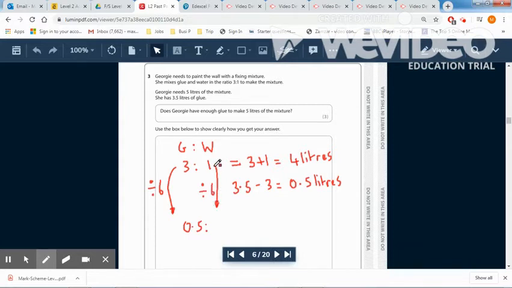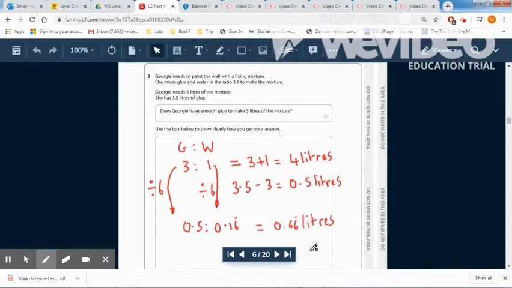So the amount of water I would need would be 1 divided by 6, or 0.16 recurring litres of water. So the total I can make for this mixture, with what I've got left of the glue, would be 0.66 recurring litres.